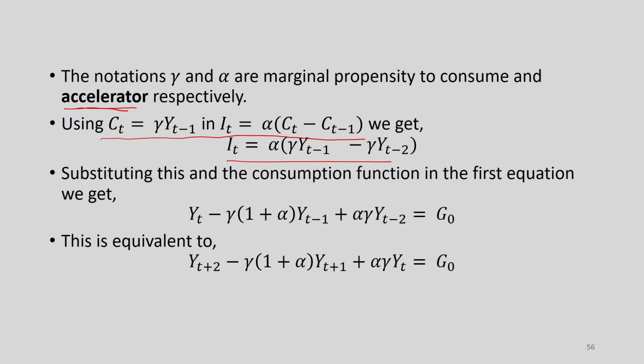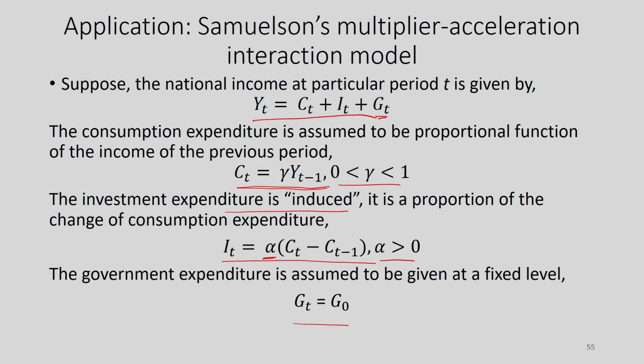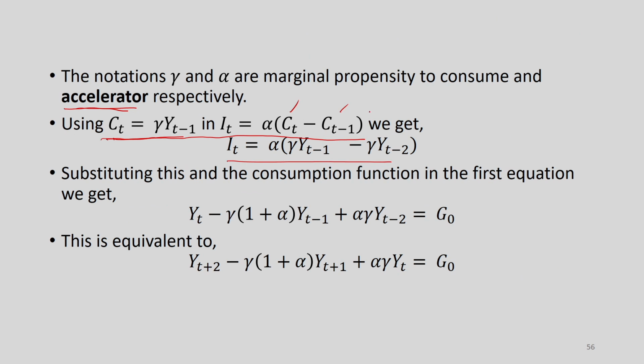Basically, we have just used the fact that consumption is a function of the income of the previous period, and we have substituted that here. So, we have got I_t, and now we are going to substitute I_t and the consumption function in the national income identity, which is this, and we are going to get this.